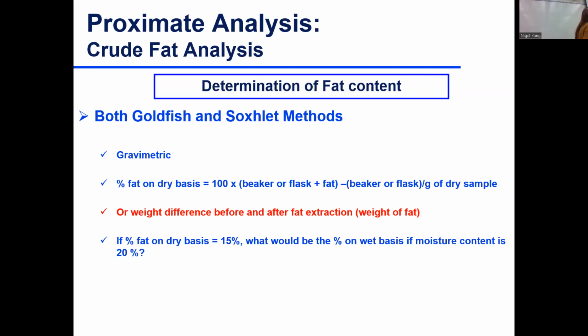Here is a question for you. If the fat percentage on dry basis is 15%, what would be the fat percentage on wet basis if moisture content is 20%? It's simple. It doesn't need any hints.